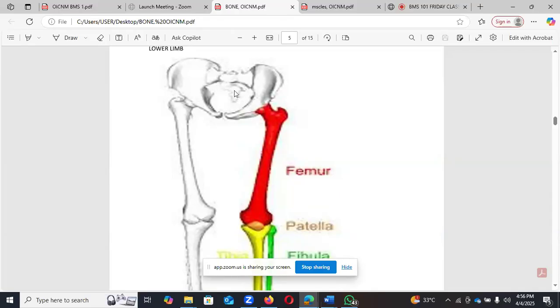This part is part of the pubic symphysis. Last week when I was talking about the pubic symphysis, I said that oxytocin during labor, during parturition, will relax this pelvic ligament. So there's a ligament here called the pubic symphysis, which is part of the birth canal where the baby will pass through.